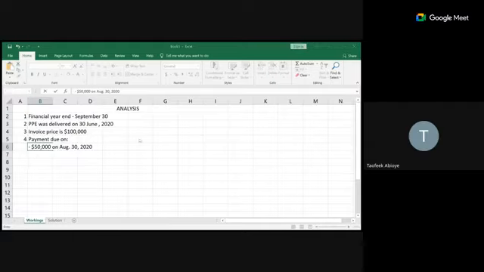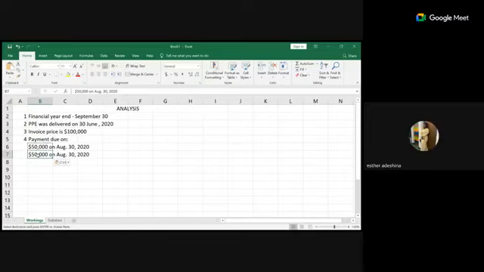Then the second installment of $50,000, which is due on November 30. So that's information number 4.